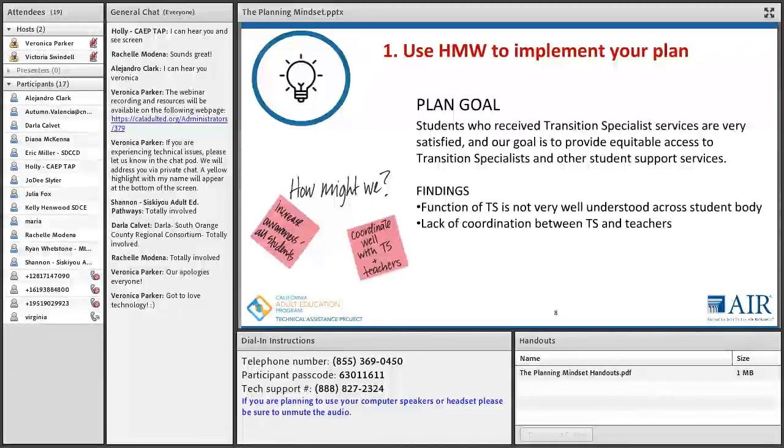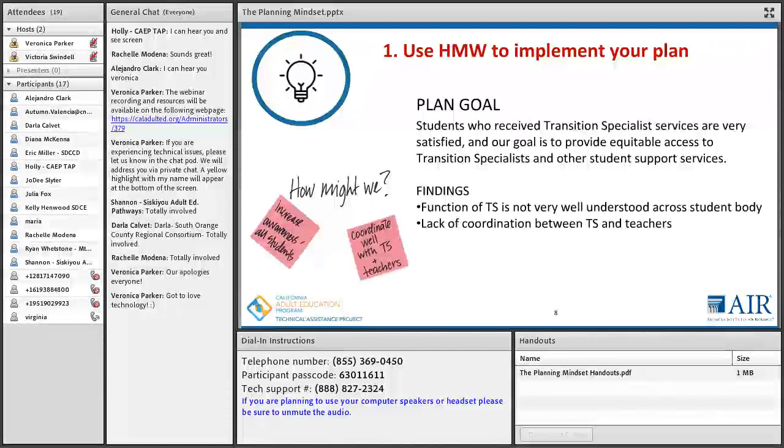But one of the ways that I found that's really useful to sort of bring your plan to life is to take a look at your goal, and in this case I just made up an example because I've seen this in a number of the draft plans, that transition specialists, which are in most consortia, are valuable, that students, when they get services from the transition specialists, feel satisfied. So the goal is to provide equitable access to transition specialists and other student supports.